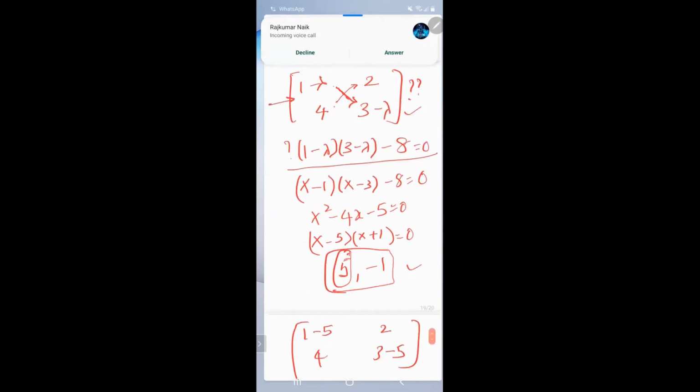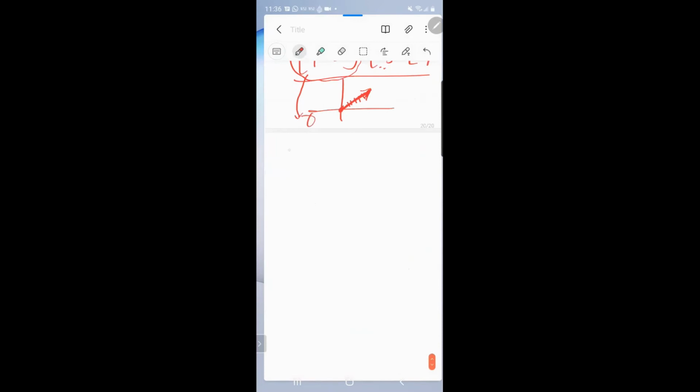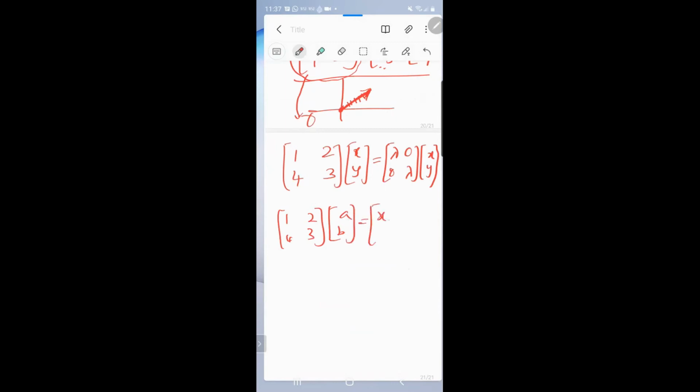So this is my starting point. I'll just stick to one set of variables so that it's continuously clear. I have 1, 2, 3, 4 times xy is equal to lambda 0, 0, lambda times xy. Now, same thing for Shruti Satya: 1, 2, 3, 4 times AB equal to x 0, 0 x times AB. I changed this xy to AB and this lambda to x.